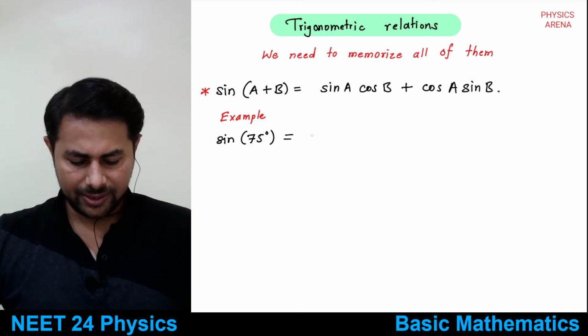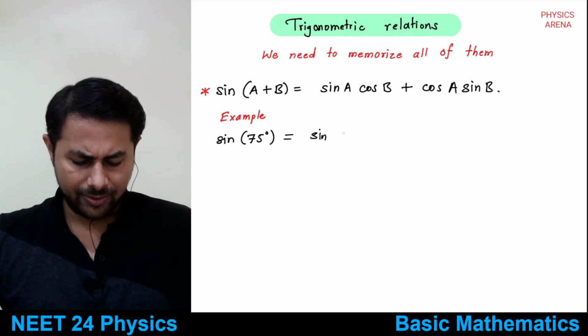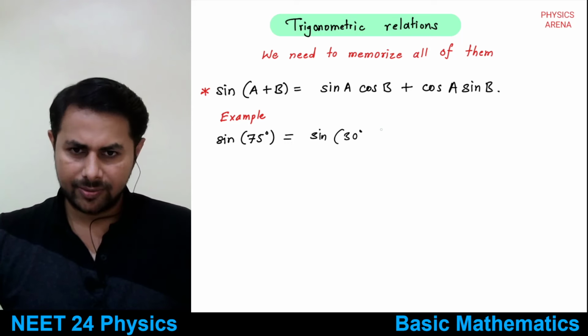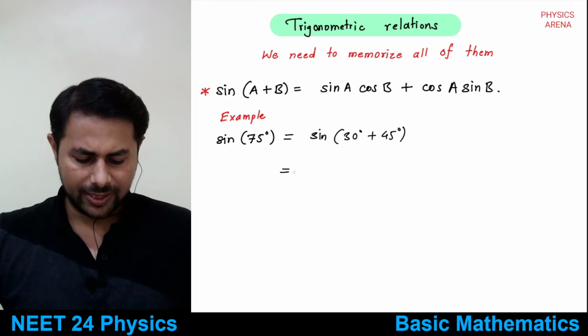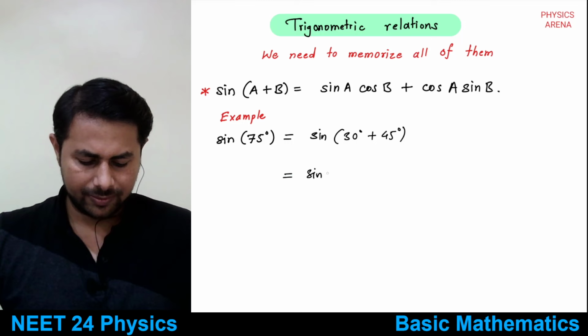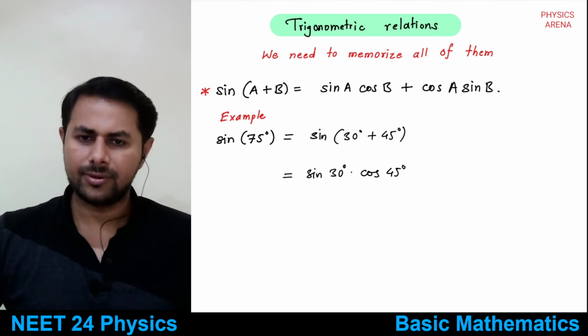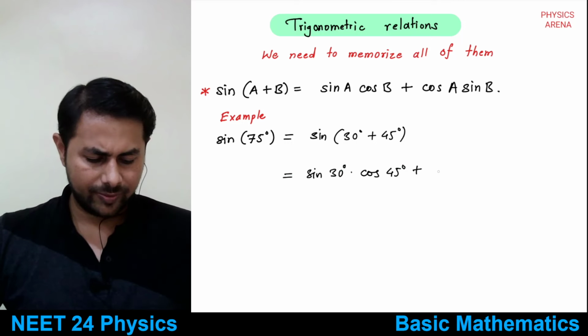So you can write this as sine of 30 degrees plus 45 degrees. So this can be written as sine 30 multiplied by cos of 45 degrees, plus cos 30 multiplied by sine of 45 degrees.